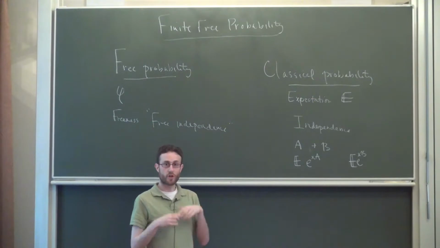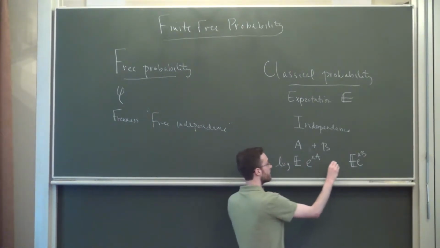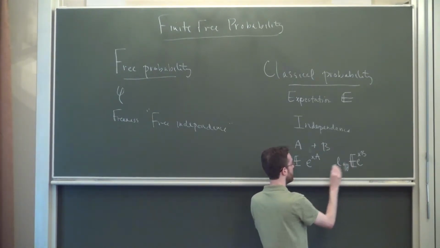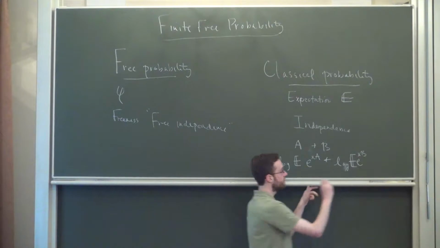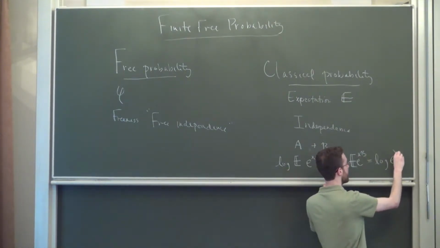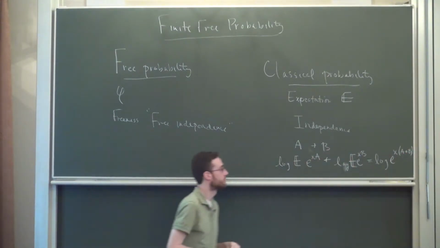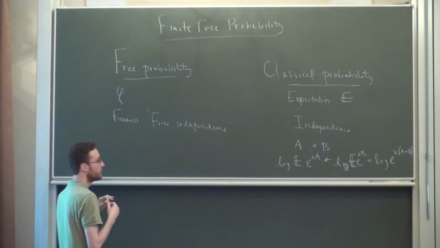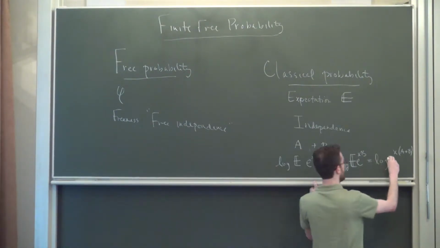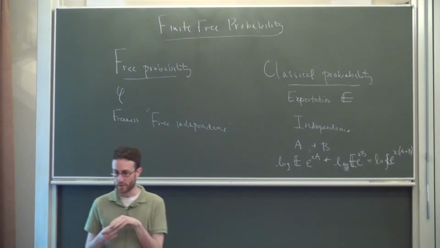And then you would form what's called the cumulant generating function by taking the log of these. And then you would add them together. And this would give you log of e to the x (a plus b). OK? And then if you wanted the distribution, you would go backwards.